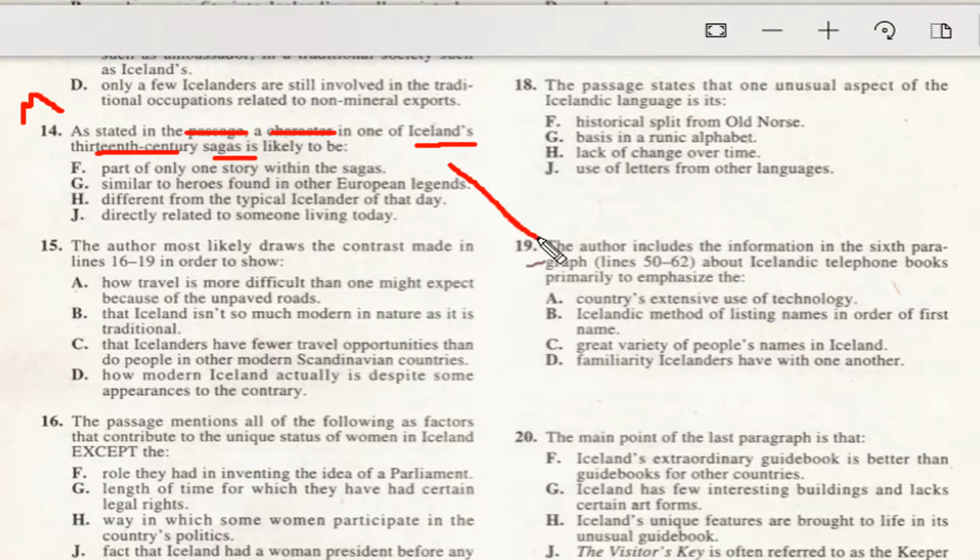Think of a funnel. If we were to take all 3 of these words, 13th century sagas and Iceland, throw them into the funnel, we're looking for the one word that's the most specific that would fall to the bottom. Well, the whole passage is about Iceland, so Iceland would be here at the top. Then 13th century, and then sagas from the 13th century, because the 13th century is probably pretty big.